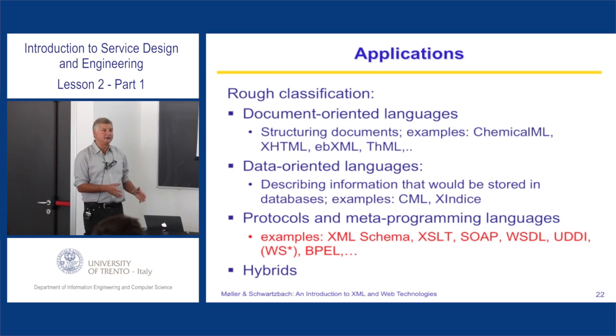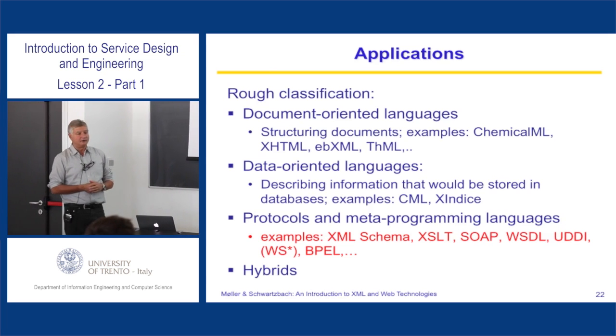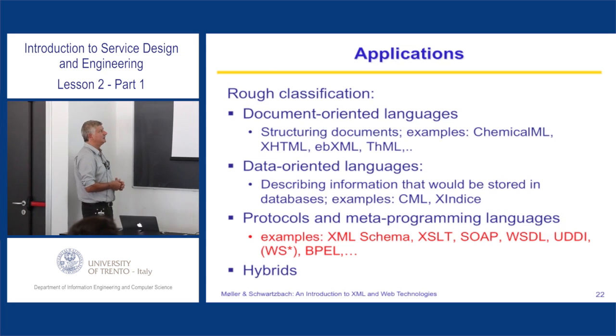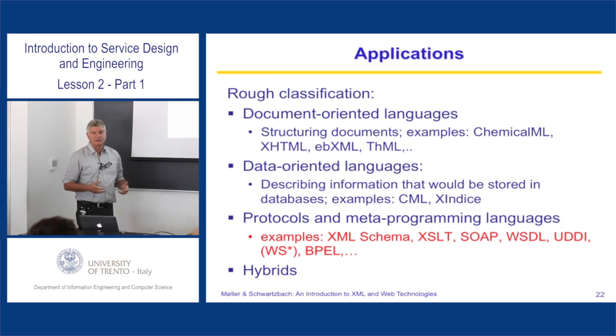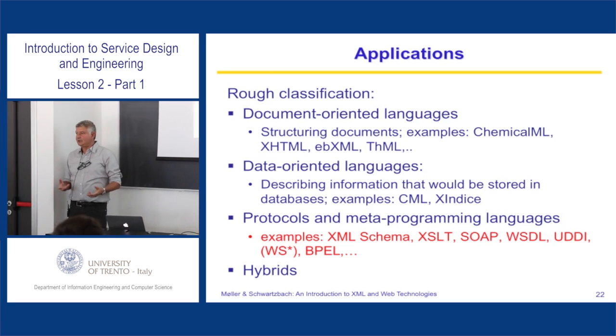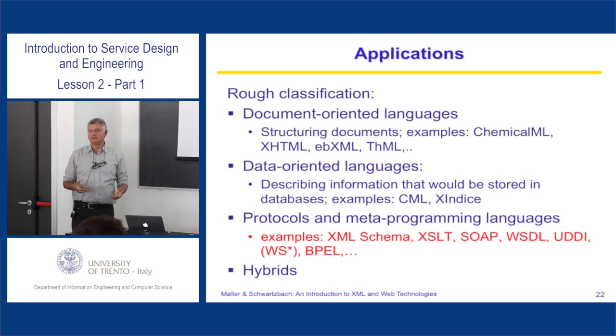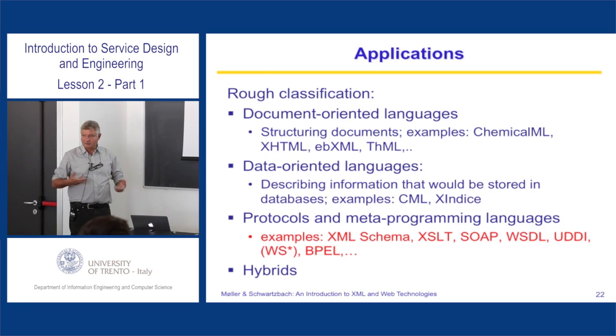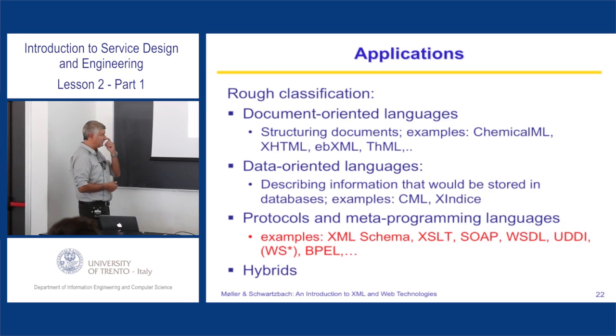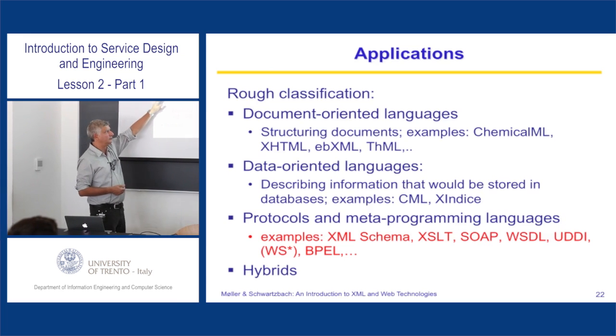And so one direction of usage of XML has been data-oriented languages. Essentially, you can build real databases, very efficient and very flexible ones because they are extensible, just using XML. And this is one direction. We are not really going to cover this one.